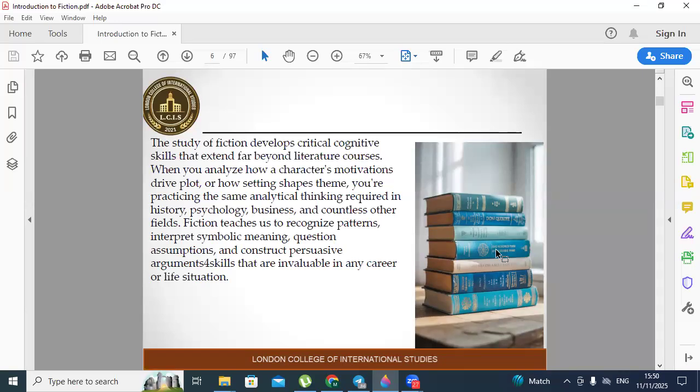Fiction teaches pattern recognition, symbolic interpretation, questioning assumptions, and argument construction. These abilities are invaluable in any career or life situation where understanding human behavior and motivation matters.